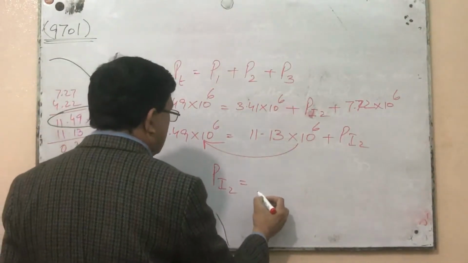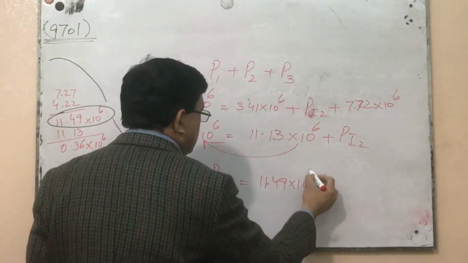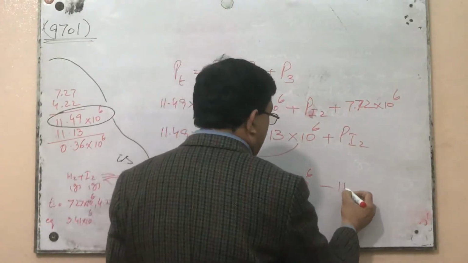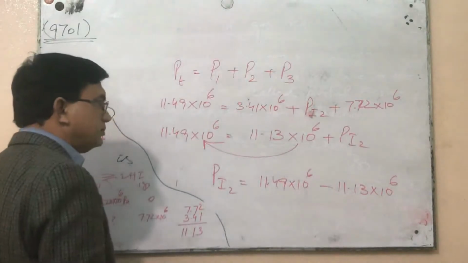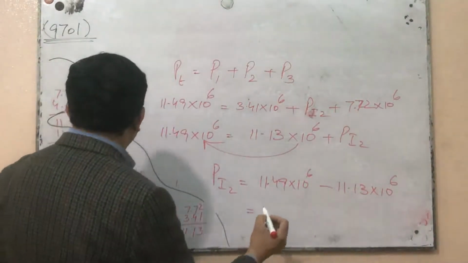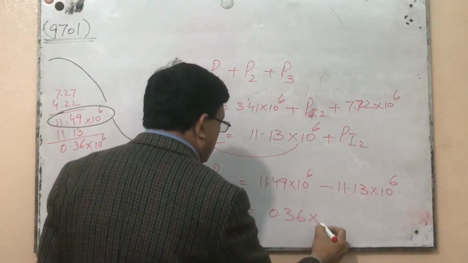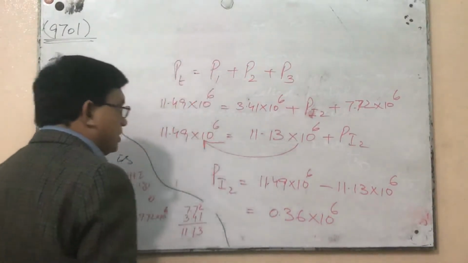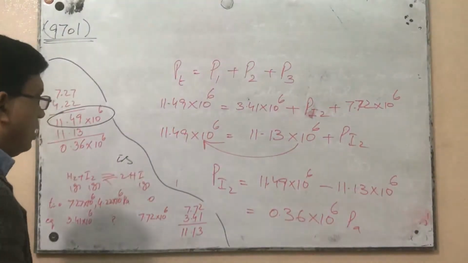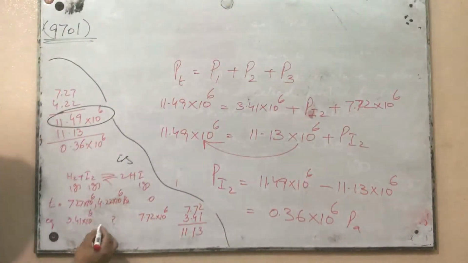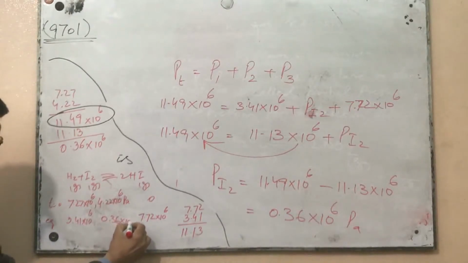That way it comes out 11.49 into 10 to the power 6 minus 11.13 into 10 to the power 6. Now, what will we get? We will get 0.36 into 10 to the power 6 Pascal pressure of iodine. Now, if we put this value here, 0.36 into 10 to the power 6.